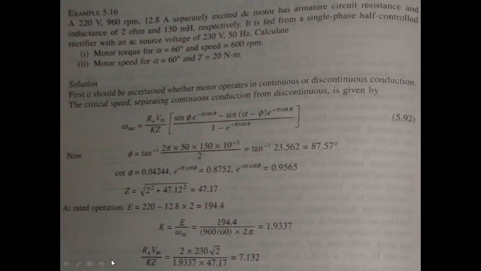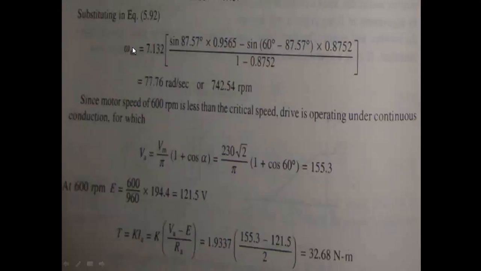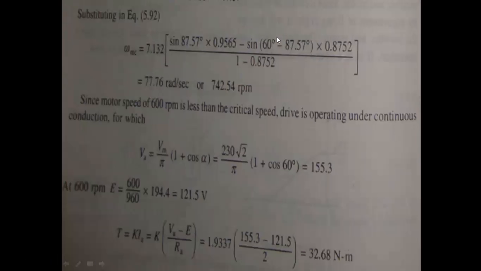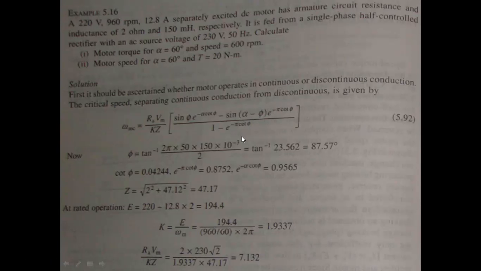Okay, sin phi is 87.57, e power minus alpha cot phi is 0.95, e power minus pi cot phi is 0.8. So substitute this, 0.95 minus sin of alpha minus phi.